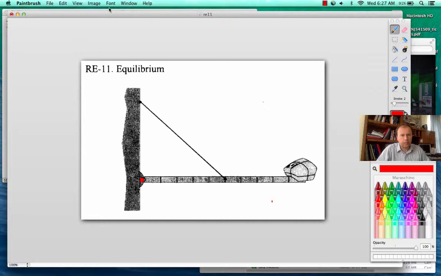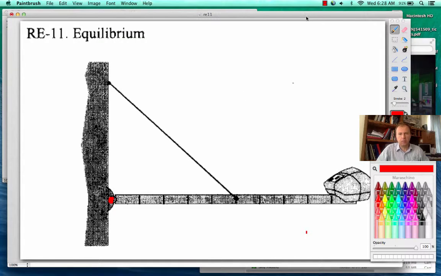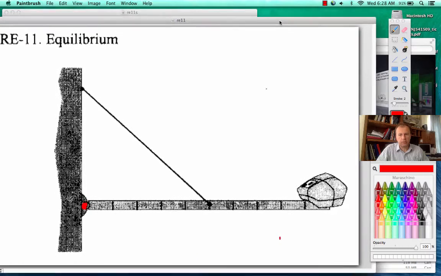No, but I can choose from here. Image size. There we go. That should fit in a screen.